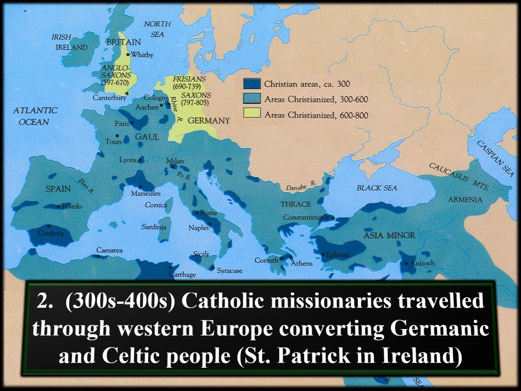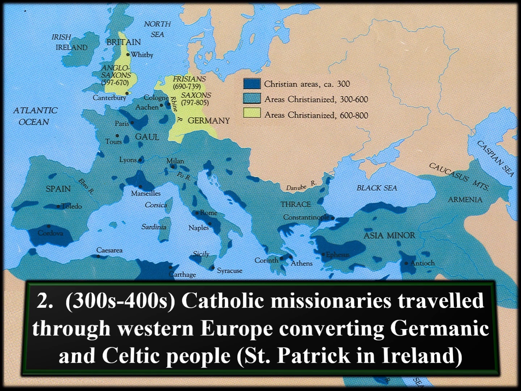Between the 300s and 400s, Catholic missionaries traveled through Western Europe, converting those Germanic and Celtic peoples all throughout what had been the western half of the Roman Empire, as well as continuing in the eastern half of the Roman Empire that continues, the Byzantine Empire, that was discussed at the beginning of this unit.